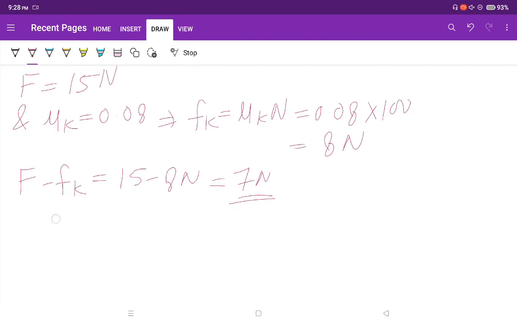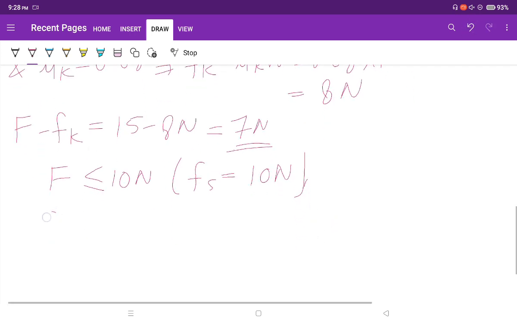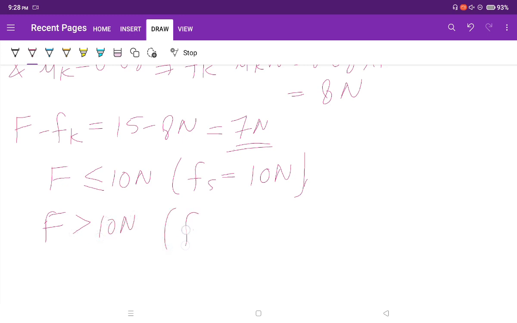So in the previous cases where F was less than or equal to 10 newtons, the friction was static friction or limiting friction, equal to or less than 10 newton, right? But when F was greater than 10 newton, the friction changed to kinetic friction, which is 8 newton constant.